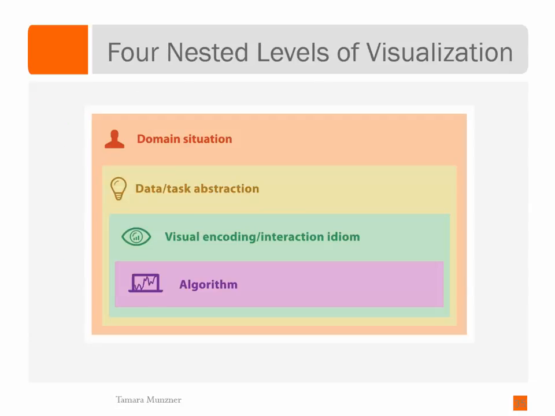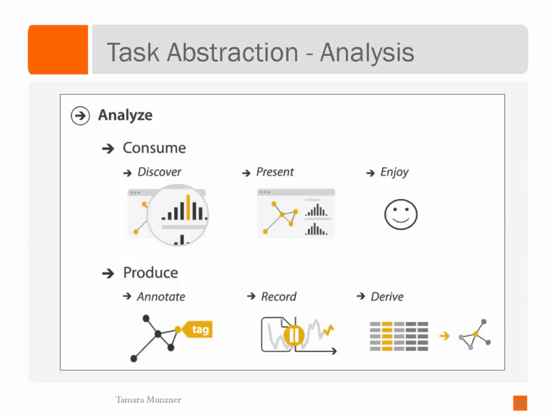So from there, just a reminder, we've discussed the data domain, the domain situation. We're in the middle of discussing data and task abstraction. So some examples of task abstraction when I'm doing analysis.